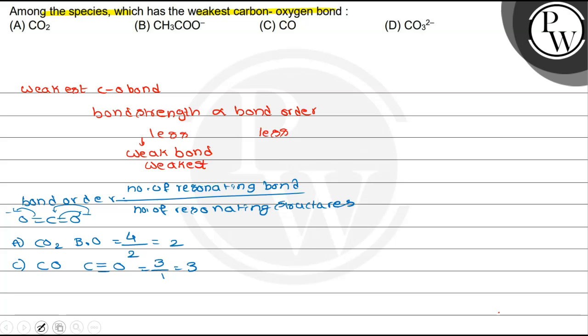Now we'll see the bond order for compound B, CH3COO minus.